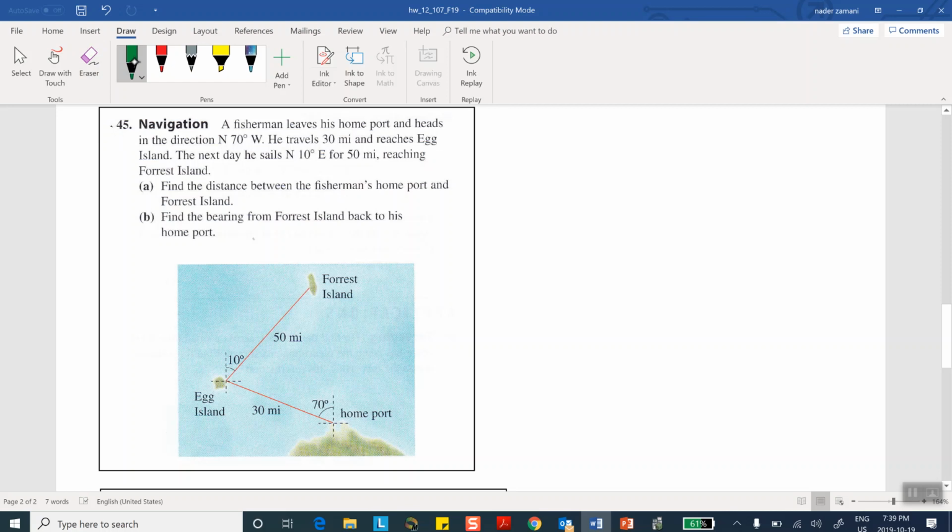Once again, we have to find some angles here. Let me connect this to that line. No problem. See what do we know here?